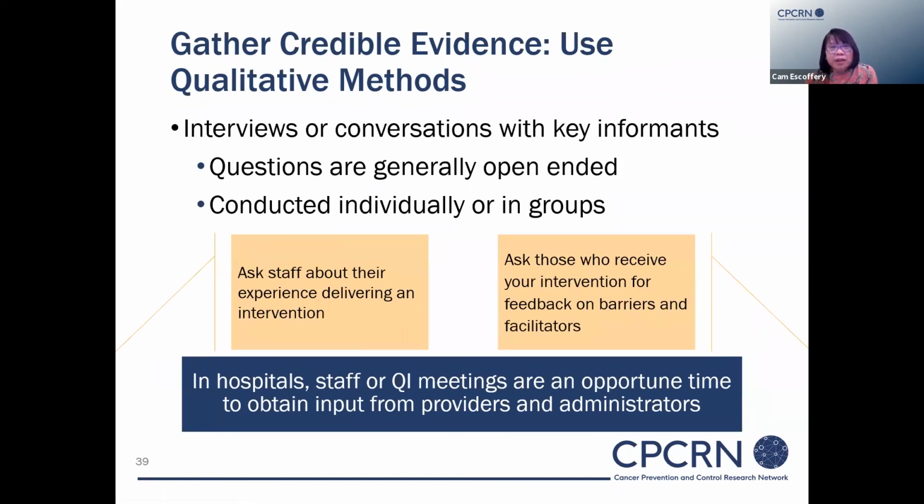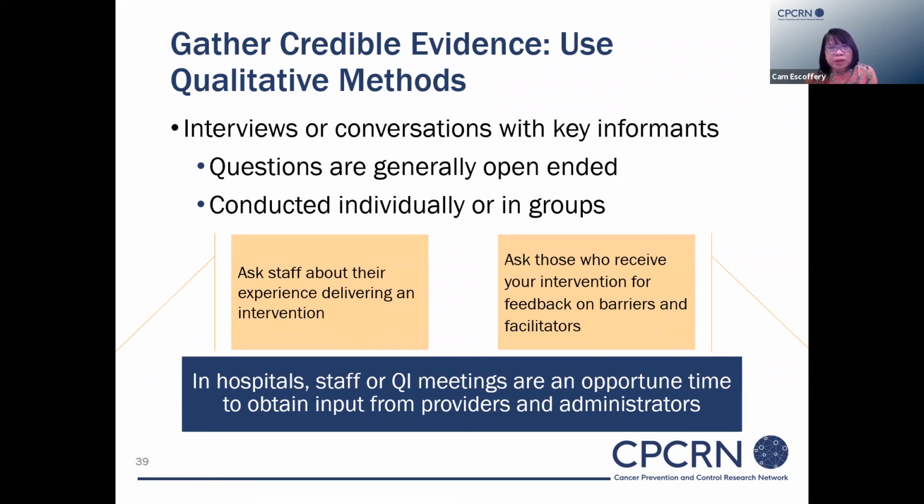You could also gather credible evidence quantitatively, as we mentioned, but qualitative gives you an in-depth understanding of implementation. So one way to do this is by interviews. So you could have open-ended questions, and they're conducted either individually or in groups as a group discussion, or perhaps a focus group.